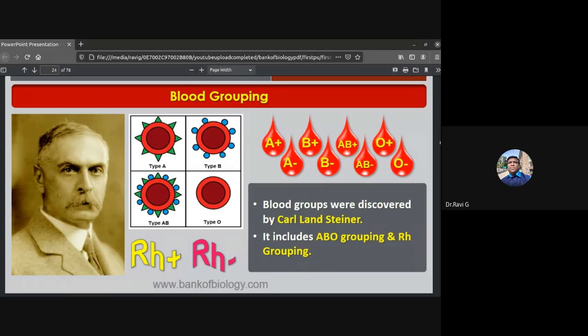This was discovered by Carl Landsteiner, and it helped in the progress of medicine. Imagine surgeries without this knowledge of blood transfusion. A wrong blood group would lead to death by complications. Okay, so let us proceed.